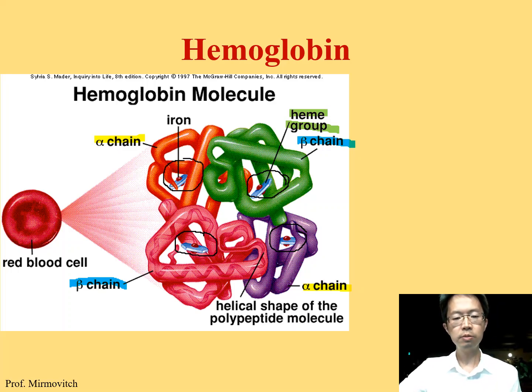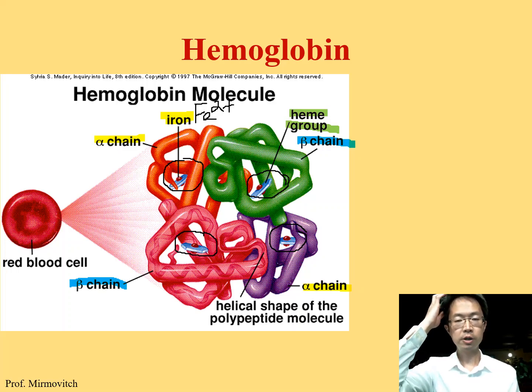In the center of a heme group, there is an iron ion. It is actually an Fe2+ ion. And it is the heme group that is responsible for carrying oxygen or carbon dioxide.